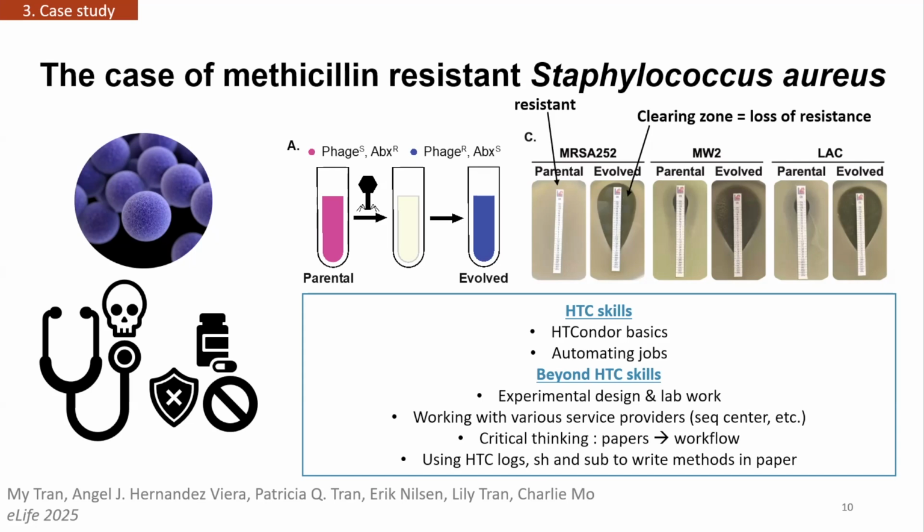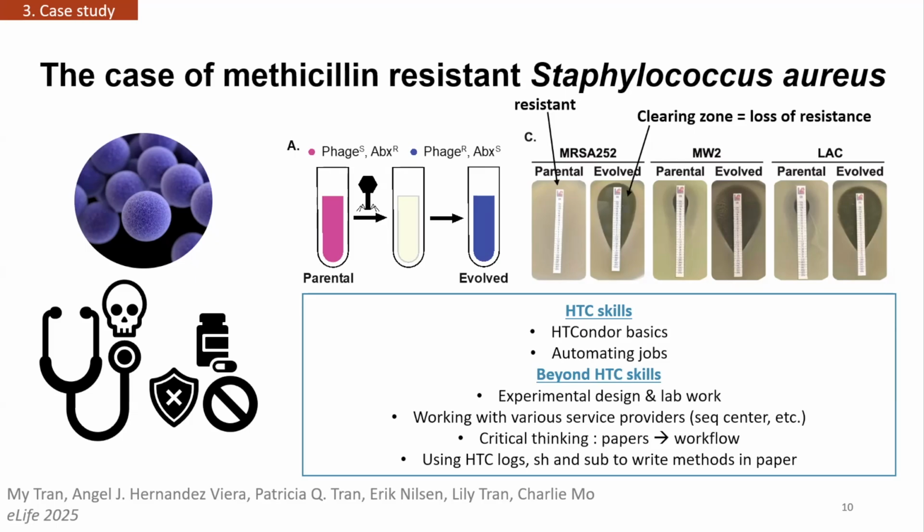And the observation that sparked their project was that when they took a MRSA strain, this antibiotic resistant bacteria, and they evolved them with the phages, they saw that the evolved versions modified the behavior of these bacteria and their resistance to antibiotic. So what you can see on this panel C here is the parental strain and the evolved strain.